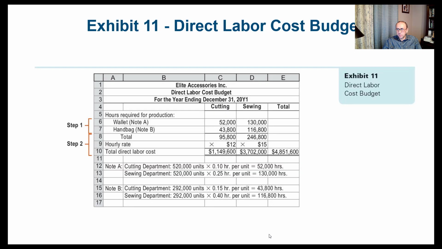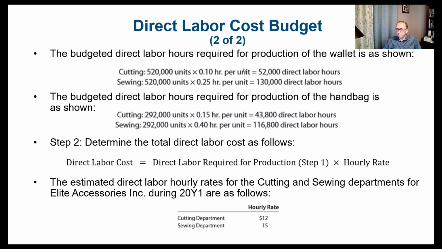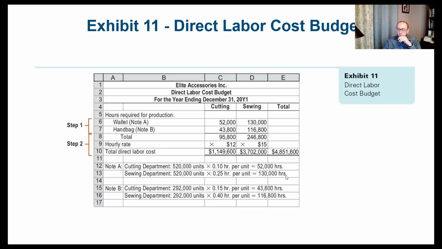Again, we use another Excel sheet, and that will make our life much easier. So we have the direct labor cost budget, the hours required for production, for the wallet and the handbag, and here we have the note that just explains what we just went over in the previous slide. These two parts are repeated here on the Excel sheet.